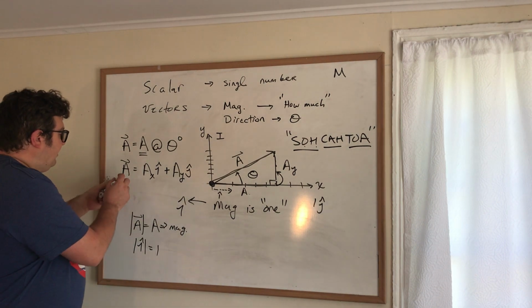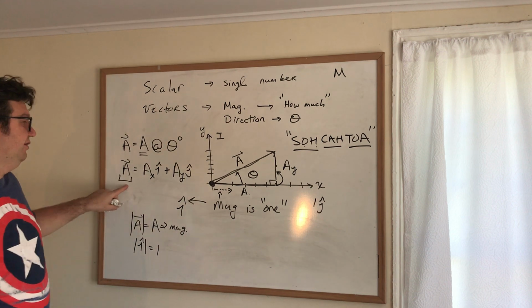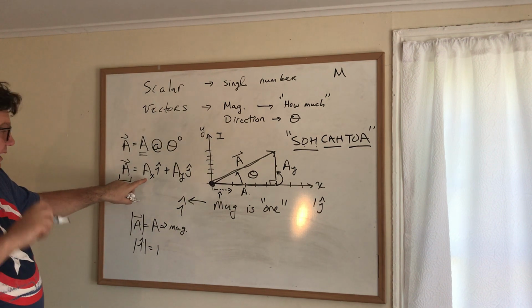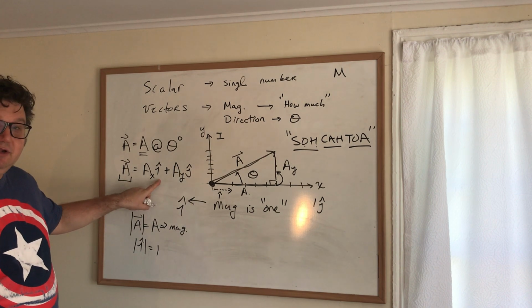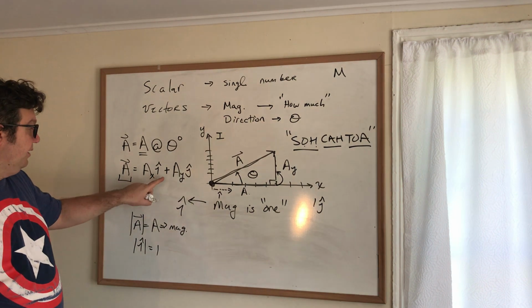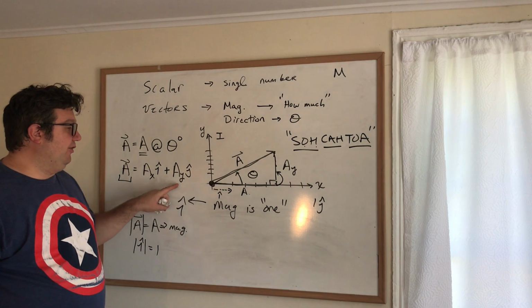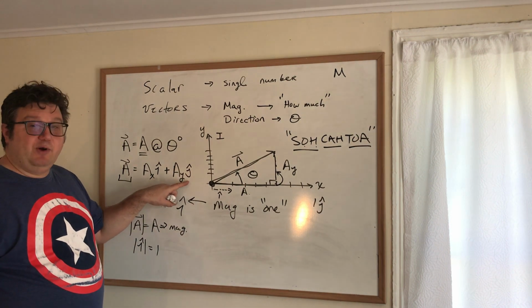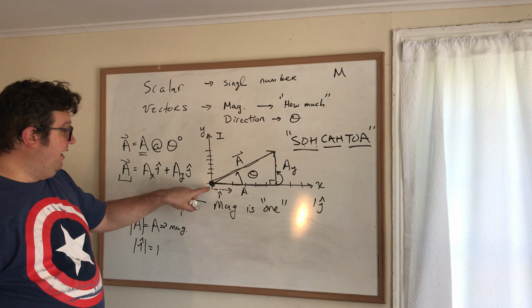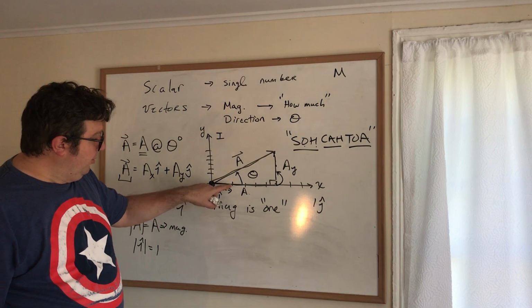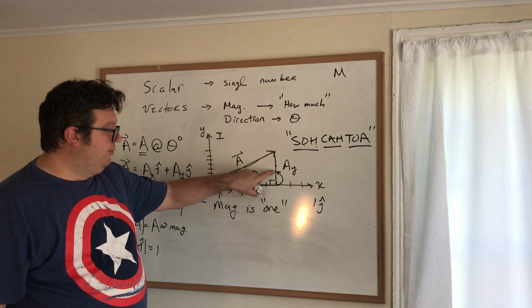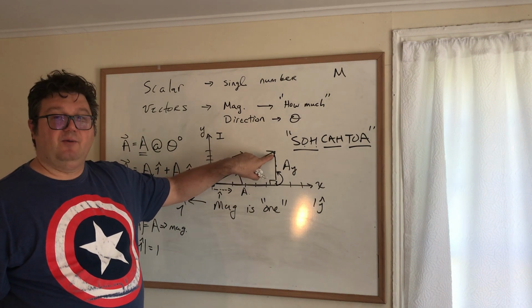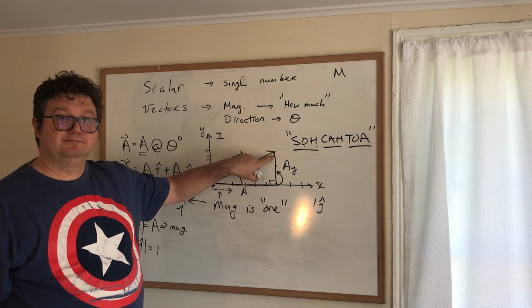So basically, if I want to know what A is, I take how many steps are in the I hat in the x direction times the number of steps in the x direction, plus how many steps are in the y direction times what it means to be in the y direction. So it's like I go boopity boopity boop in the x direction, and then boopity boopity boop in the y direction. Cool beans?